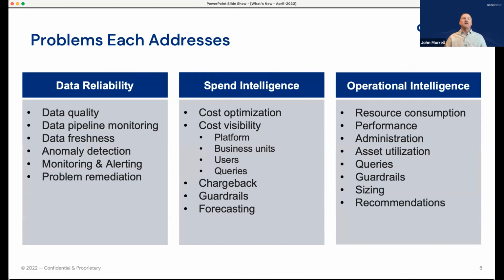Data reliability looks at, again, data quality, pipeline monitoring, freshness, detecting anomalies like data drift that we just talked about, monitoring and alerting to data problems, and solving those problems when they do occur.